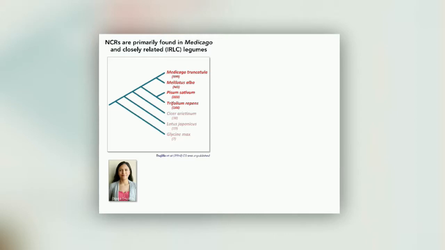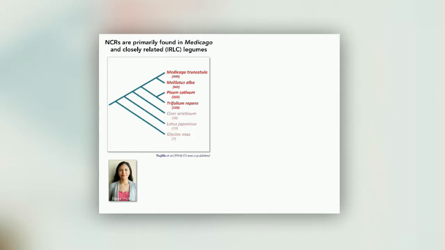One of the important observations that she and others have made, expanding on work that's been known for 10 years, is that they are primarily found in Medicago and its close relatives. The name for this taxonomic unit is the IRLC, the inverted repeat lacking clade. This group includes Medicago, alfalfa, and Trifolium, the clovers. Those are the primary places that you find it.